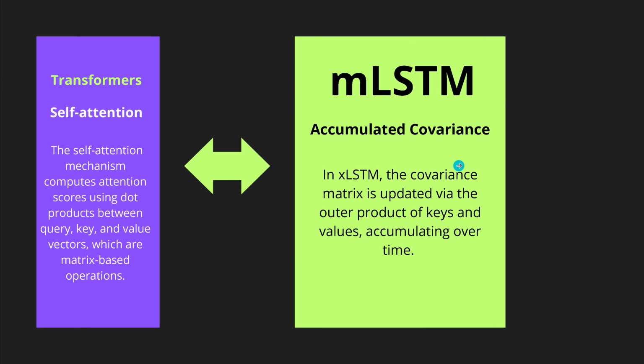So you see, this is an interesting part that explains that in our matrix LSTM, the covariance matrix is updated by the outer product of key values accumulating over time. So this accumulated covariance plays a similar importance, it is the core idea, if you compare it to the self-attention in the transformer architecture.